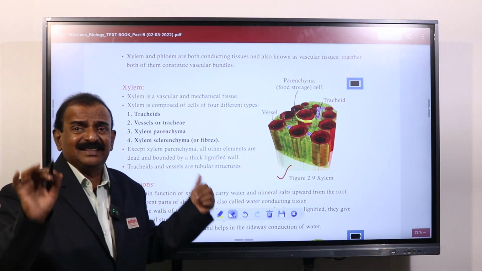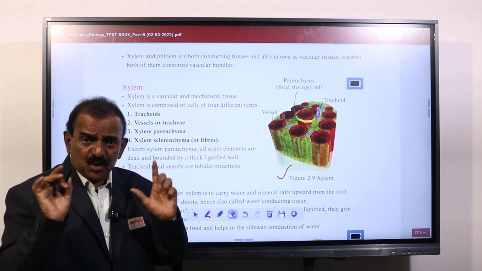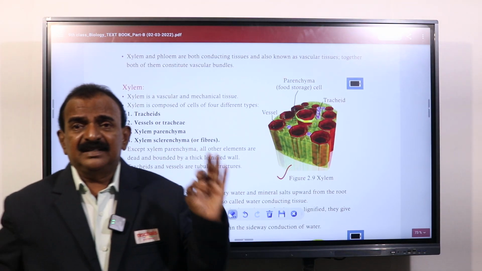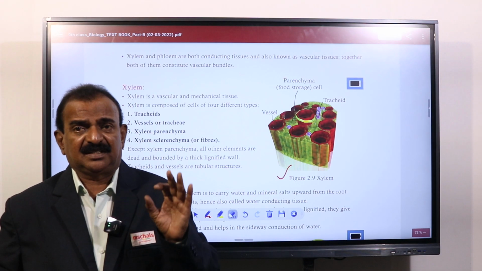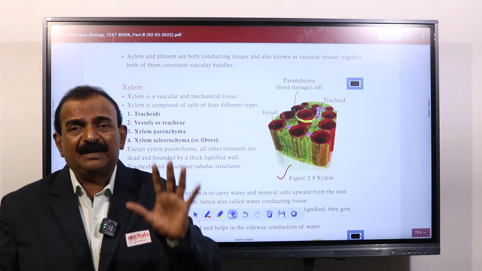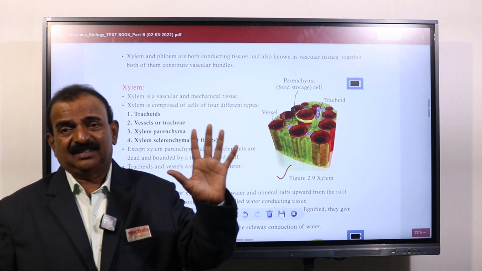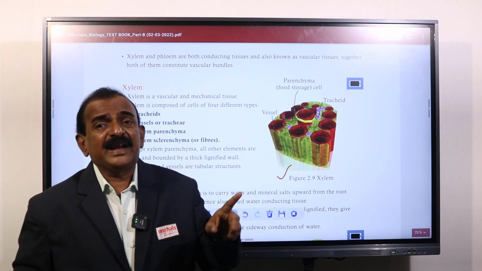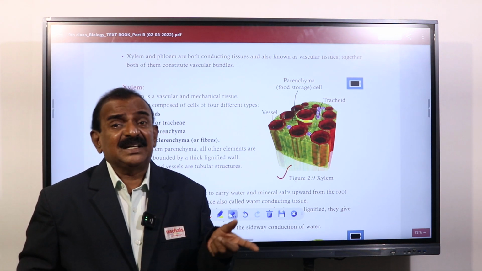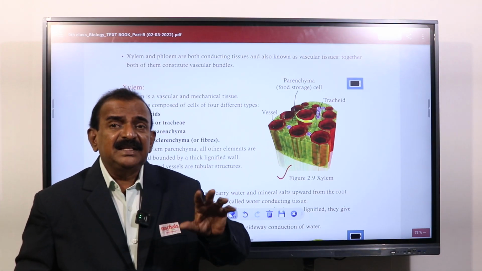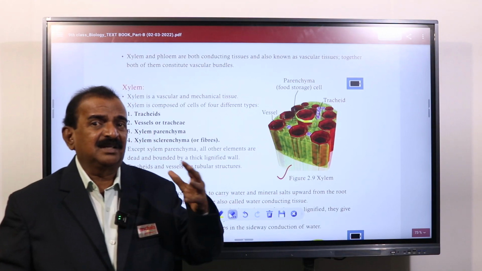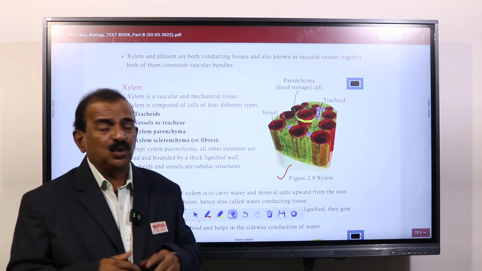Tracheids and vessels are called tubular structures. So here children, in xylem, tubular structures are present and four types of cells are present: tracheids, trachea, xylem parenchyma, xylem fibers or xylem sclerenchyma, and these cells are useful for conduction of mineral salts and water.